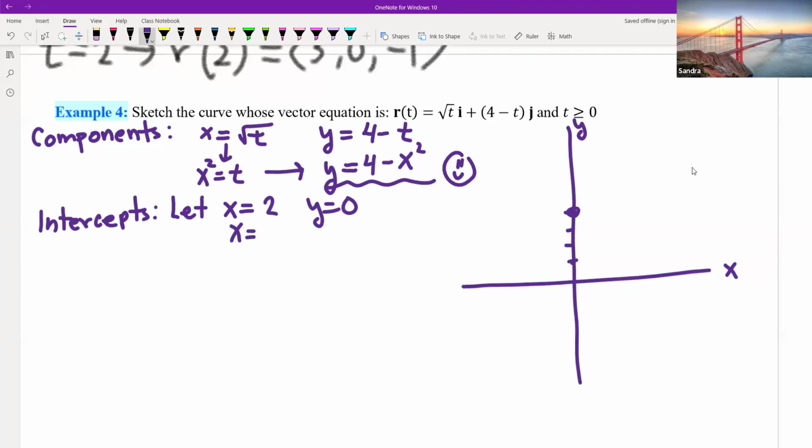If x equals -2, y will also be equal to 0. So then I have 2 x-intercepts, one right here and one right here. And so I know that this is a parabola that opens downward.